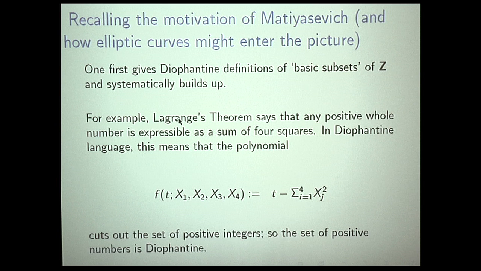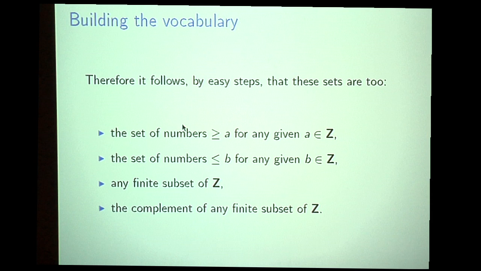And of course, the minute you do that, it follows easily that you have not only positive numbers greater than or equal to something, or numbers less than or equal to something, with a slight shift of sign of the equation. And you can take the combination of the two equations to express any finite subset of Z in a Diophantine way, and the complement as well.